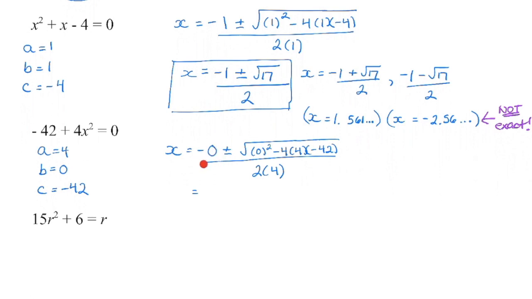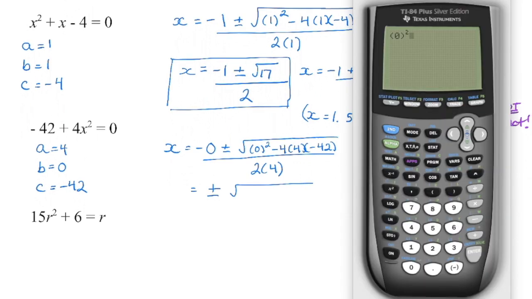All right, if I add or subtract 0 to anything, it doesn't change the value. So in this case, I'm just going to drop it, and I'm going to have still two values. I'm going to have a positive or negative, and then again, we're going to enter this radicand into our calculator. All right, so I've got my 0 squared in brackets, and again, that's a minus.